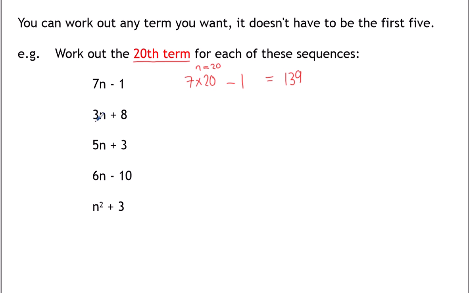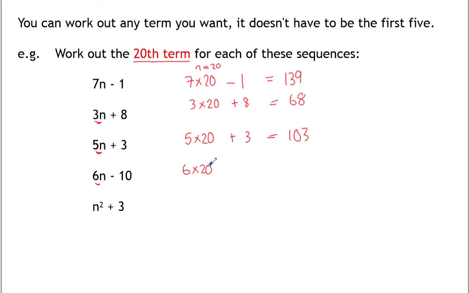This one says to do 3n. So 3 times 20 is 60. Add 8 is 68. This one says to do 5n. So 5 times 20 is 100. Add 3 is 103. This one says to do 6n.